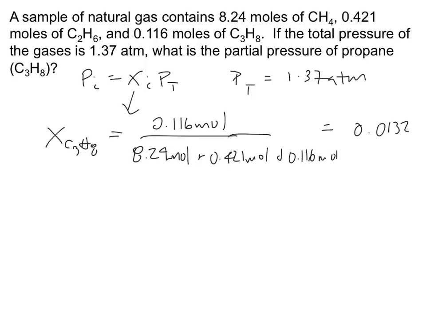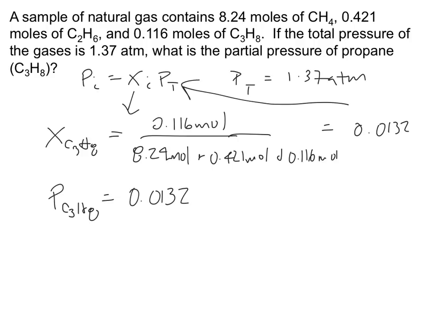That's our mole fraction. Then we're going to take our mole fraction and plug it into the equation up here. So the partial pressure of our propane is going to be equal to 0.0132, which is our mole fraction, times our total pressure.